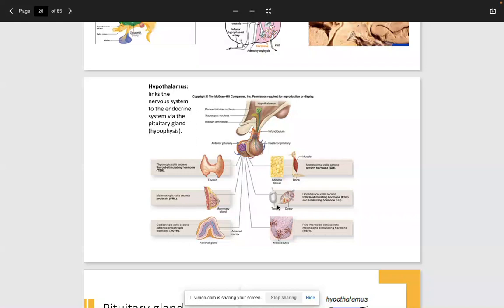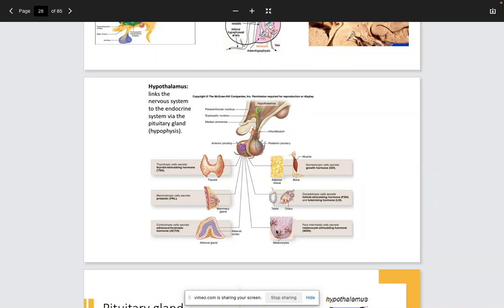These are both produced from the anterior pituitary and go to their respective locations, the ovary and the testis. And there's MSH, melanocyte stimulating hormone. This is what makes melanin, and it is a byproduct of ACTH formation.